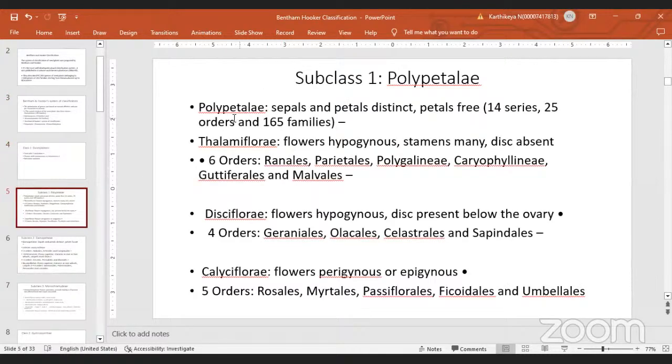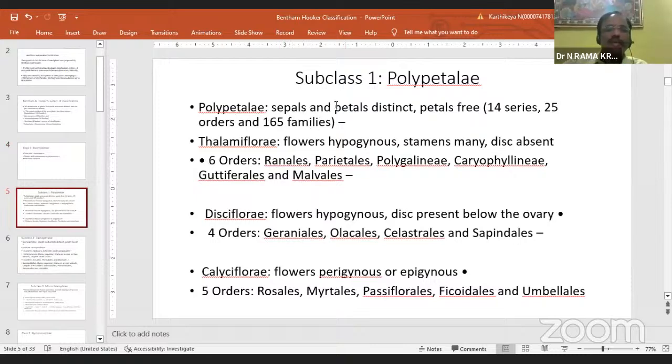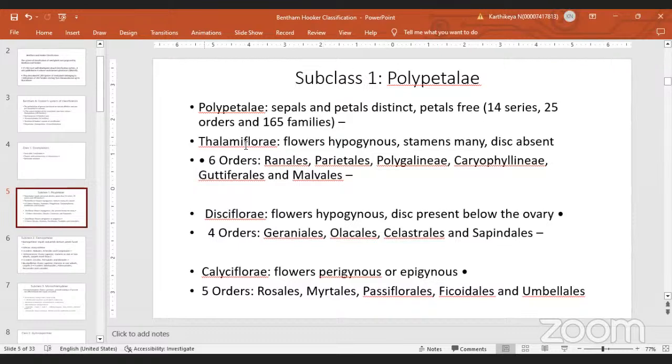Once again, I am showing the slide of Polypetalae: the sepals and petals are distinct, and the petals are free. They are Thalamiflorae, Disciflorae, and Calyciflorae.